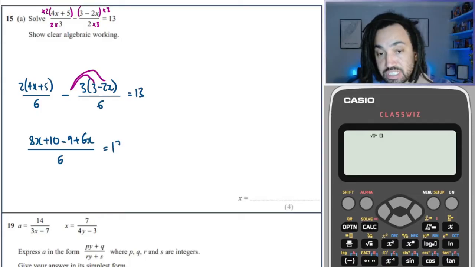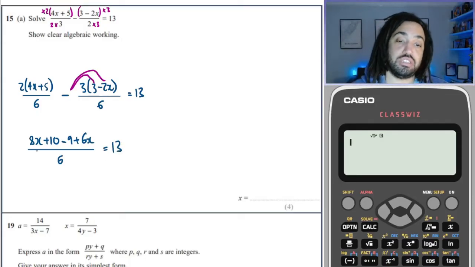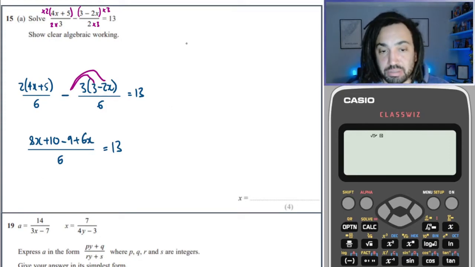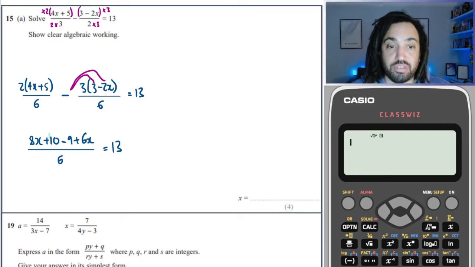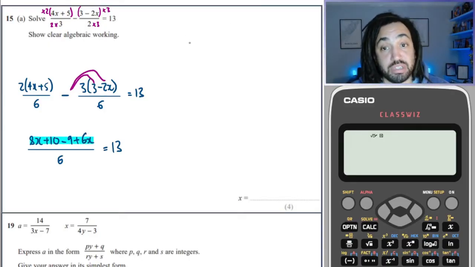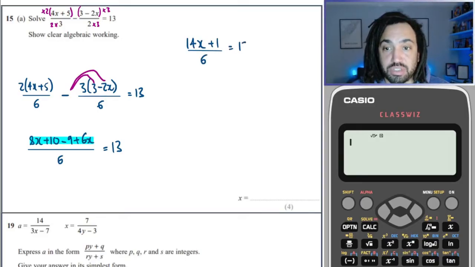And that equals 13. Okay, in the last question I times by 6 first, but perhaps it's best to simplify first. It doesn't actually make a difference, but let's simplify the top line first. So let's collect the like terms here. We've got 6x plus 8x is 14x. We've got 10 minus 9 is plus 1. And that's all over 6, and that's equal to 13.